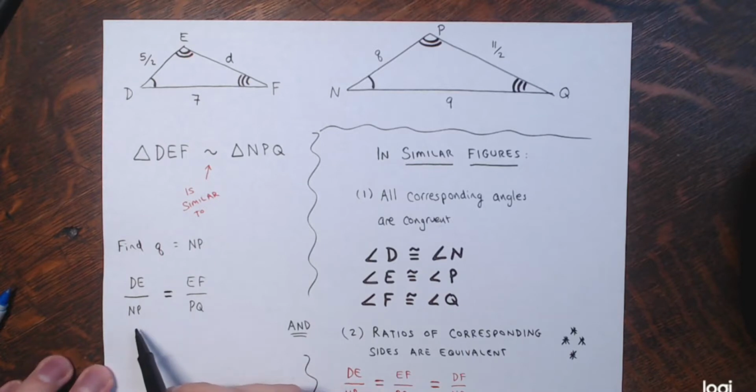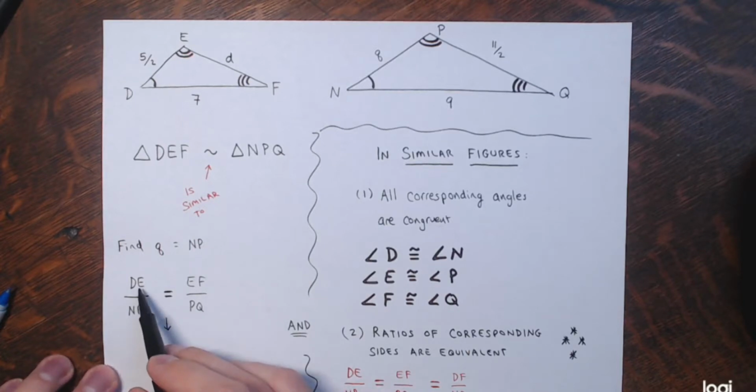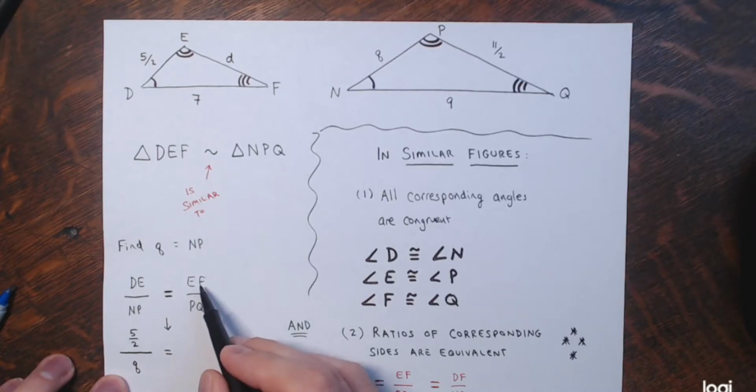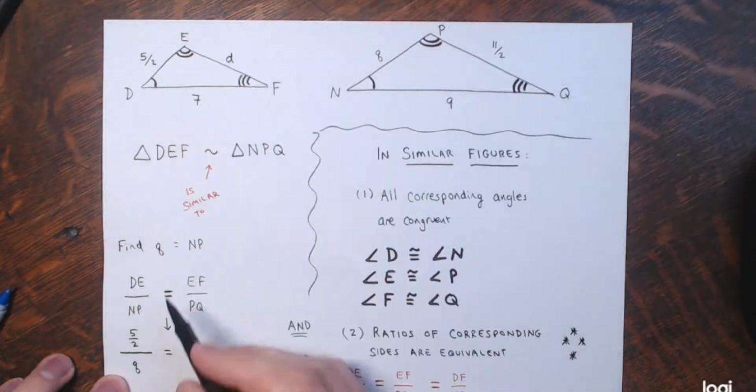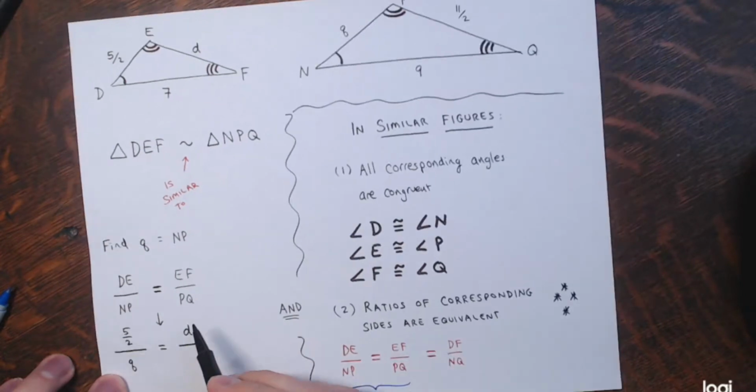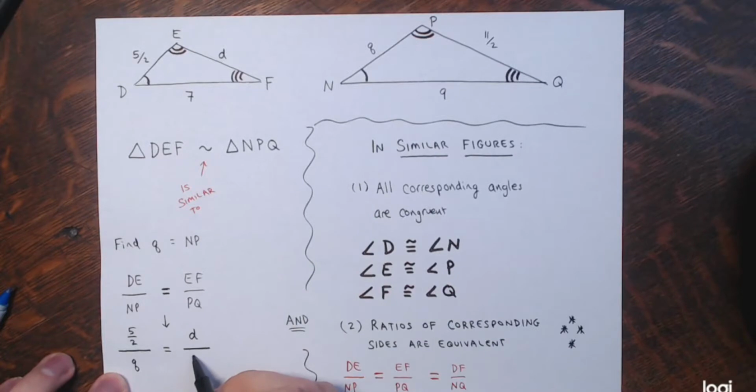Look at what this equation looks like, though. DE has a length of 5 halves over NP is q, equals EF has a length of little d over PQ has a length of 11 halves.